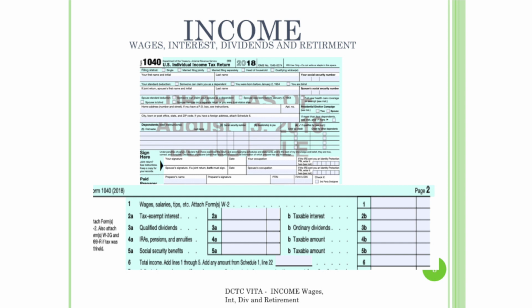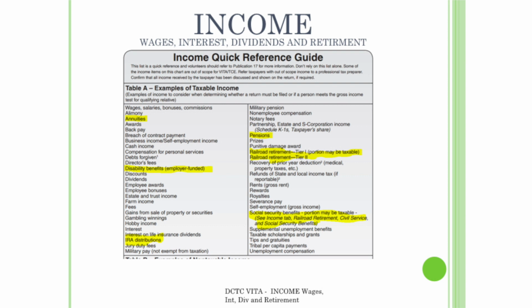So now let's talk briefly about line item number 4, IRAs, pensions, and annuities, as well as line item number 5, Social Security benefits. I'm speaking of the lines on the 1040 return. Now, we've already seen the quick reference guide earlier. Remember where it's located? In Publication 4012, page D1.